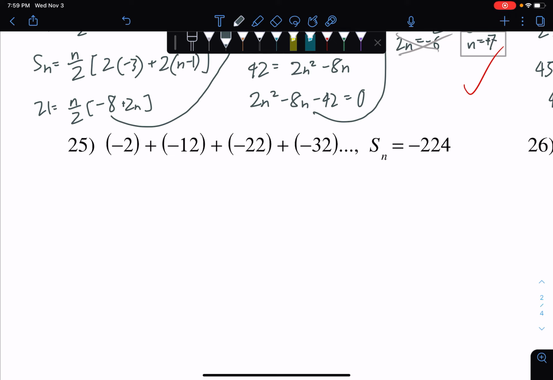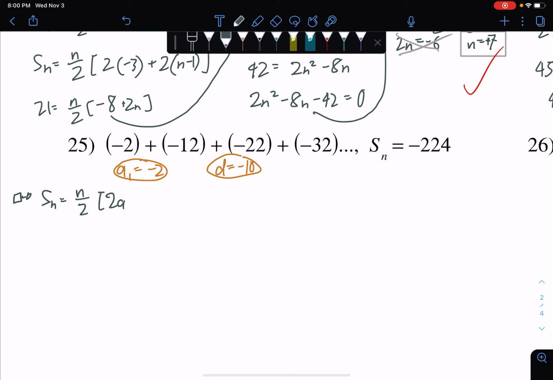This time, let's find what our a sub 1 is. A sub 1 is negative 2. And our common difference is negative 10. Now, we'll still be using the old-fashioned formula. S sub n is equal to n over 2 times the quantity 2a sub 1 plus d times the quantity n minus 1.